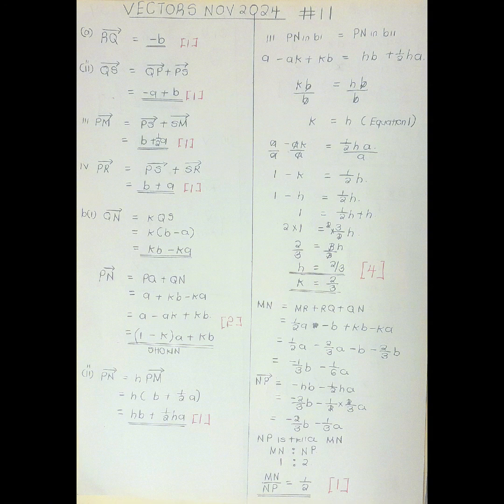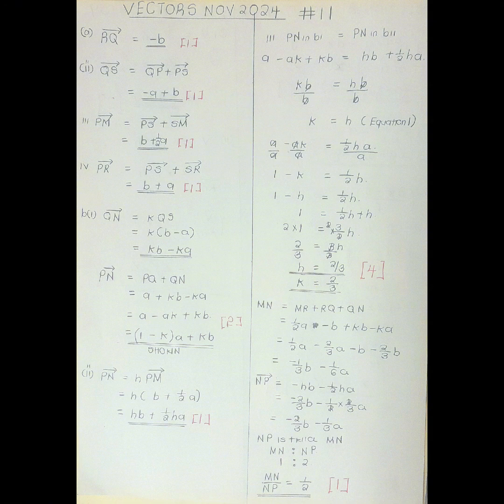We take the expressions with A, we divide all the terms by A, so that we now have 1 minus K is equal to half H. And then we substitute K by H. Since K is equal to H, we simplify in order to get H as 2/3 and K as 2/3.